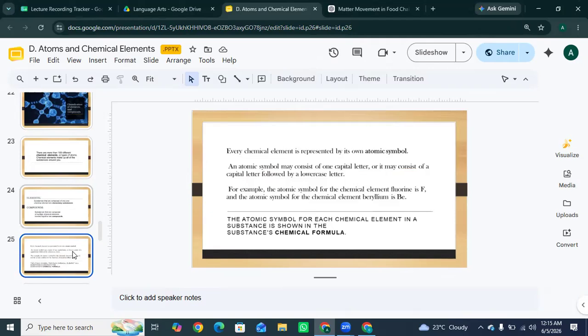The atomic symbol for each chemical element in a substance is shown in the substance's chemical formula. These symbols are what we use to write out chemical formulas.